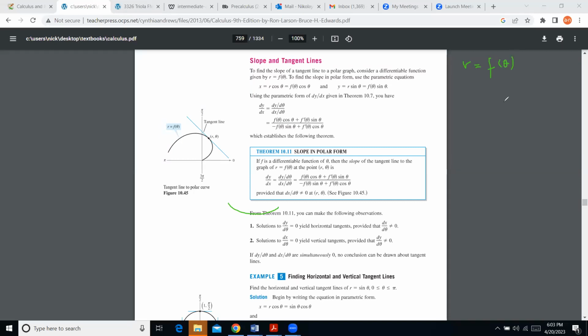So we take this and rewrite it with our favorite polar coordinates, with the parametric equations that we already utilized in the previous section. So x is r cosine theta, and y is r times sine of theta.